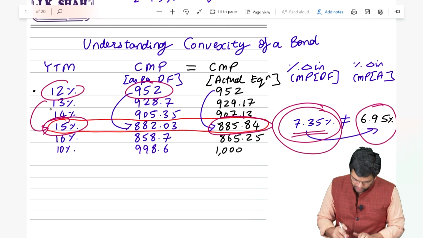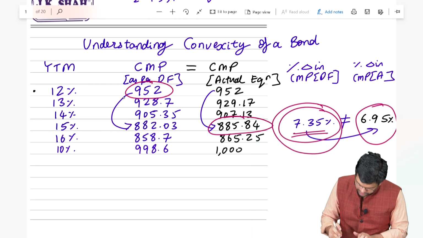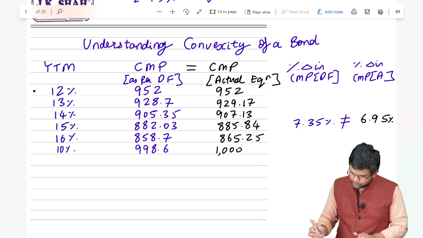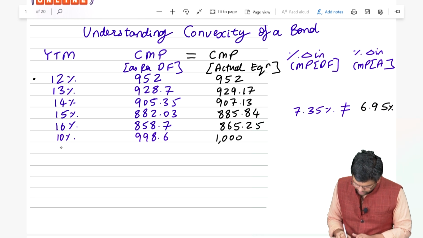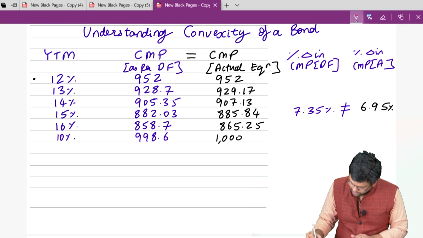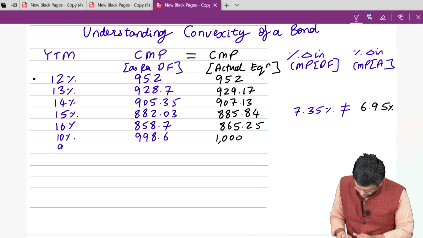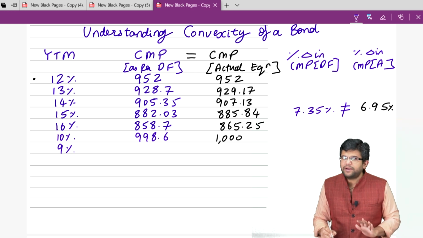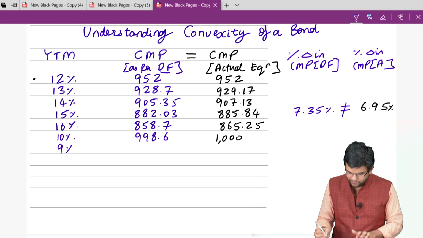For that, children, what I will do is I'll first of all remove all these markings now to get a little bit of clarity. All right, so I'll just write down now here 9%. In blue ink, I'll first of all write down 9%. Ready? And now, children, I do not want the current market price as per the derivative function. I want the actual current market price at 9%.